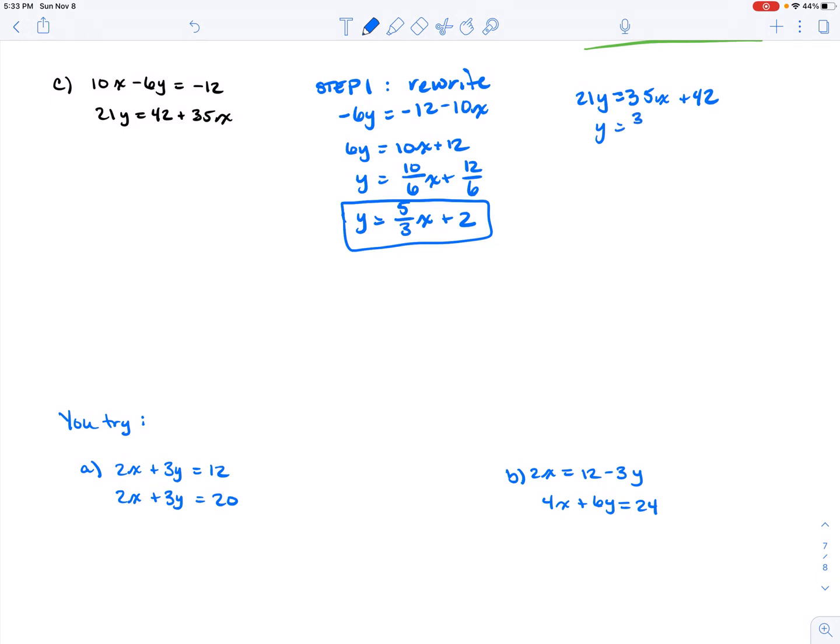So y equals 35 over 21x plus 42 over 21. So what does that equal? That gives me, if I divide each 35 and 21 by 7, then it gives me 5/3 x. Oh, 42 divided by 21, and that is 2. Oh, ho ho, what do we got here?